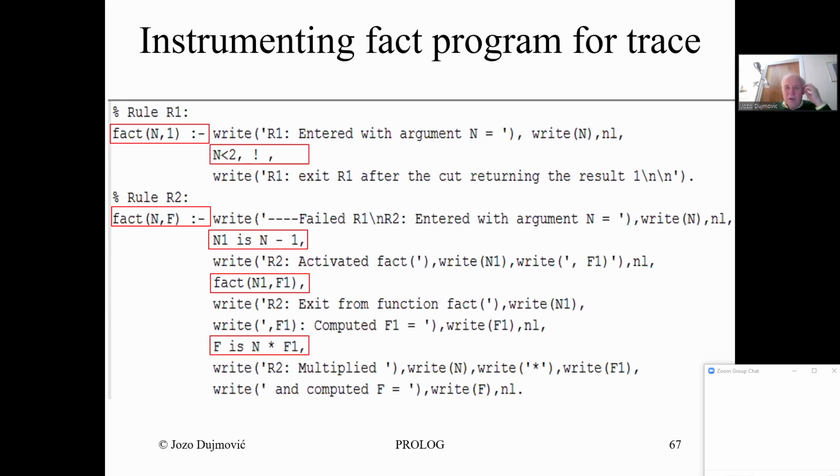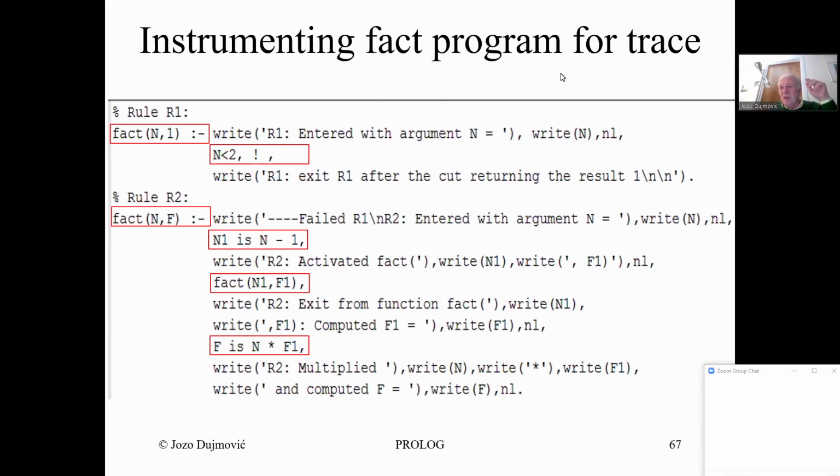Okay, no problem. So what you can always do in each program that you write, you can put these print statements so that you display where the search engine at that moment is, so that you can have the trace of execution in your own words, in your own homemade trace.